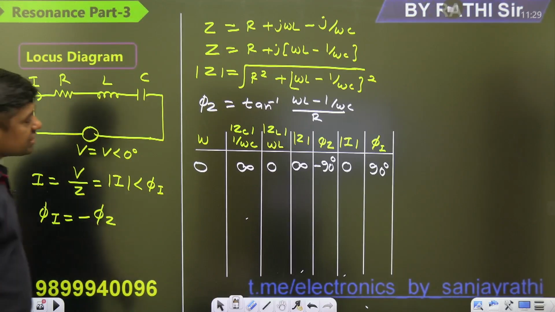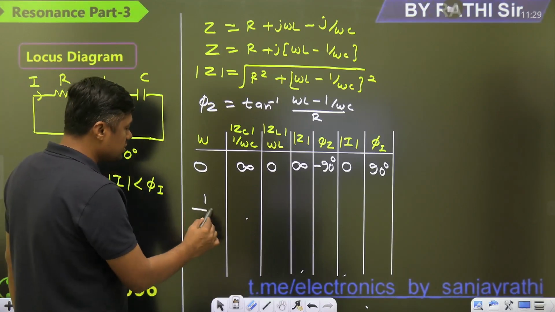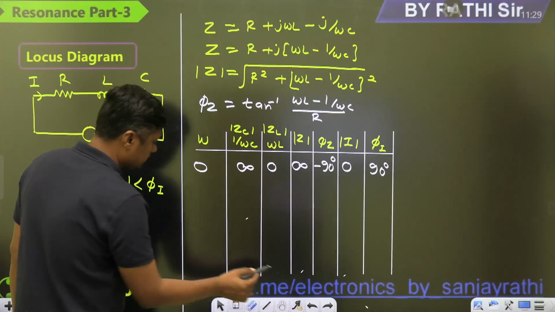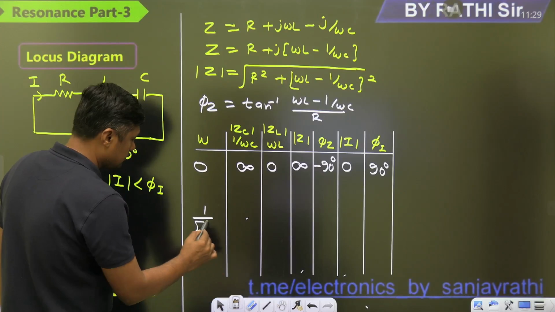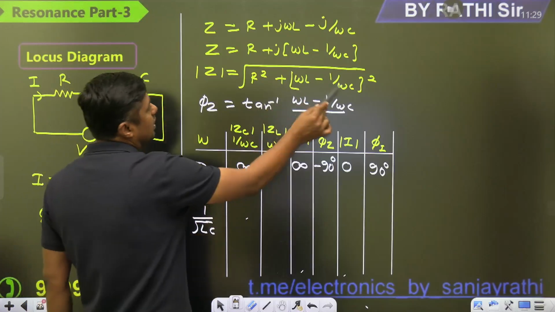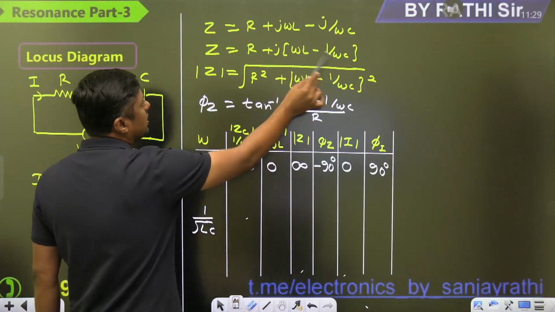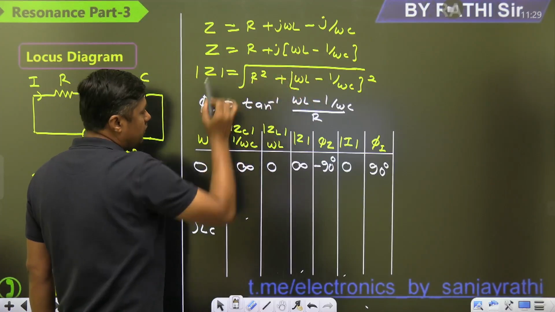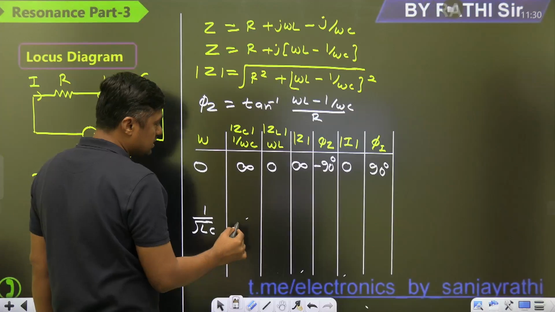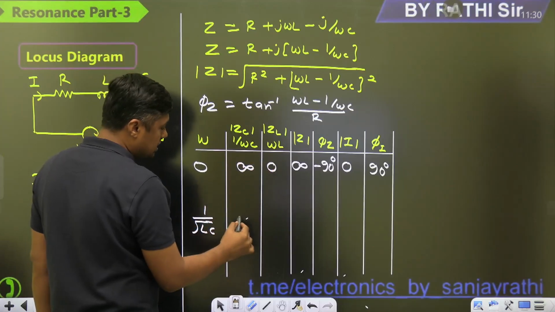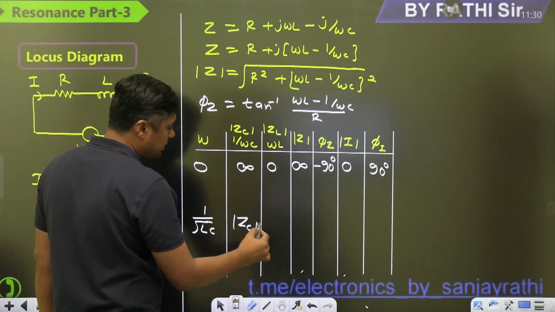Exactly at resonance frequency. What is the resonance frequency? 1 by root over LC. Exactly at resonance frequency, as you know, the imaginary term will become 0. So what is the impedance? This is the 1 by omega C, that is omega L. So the magnitude of ZC will become equal to what?